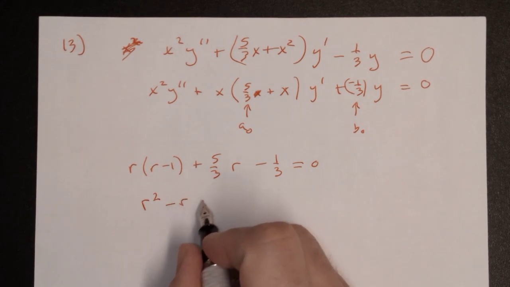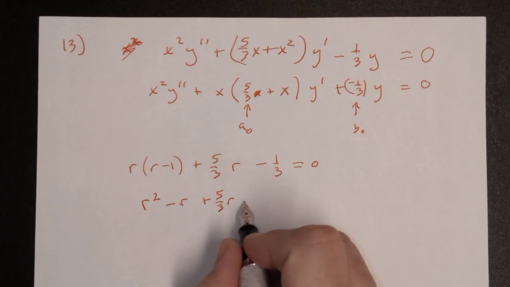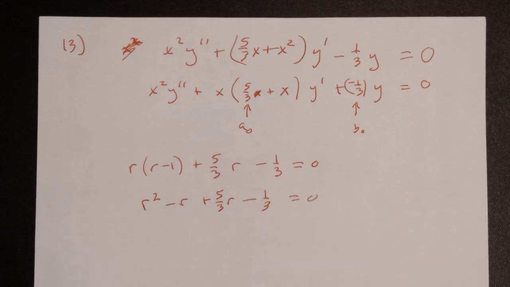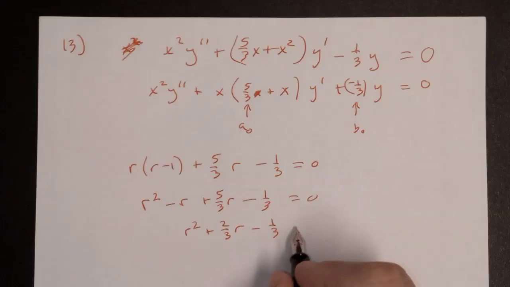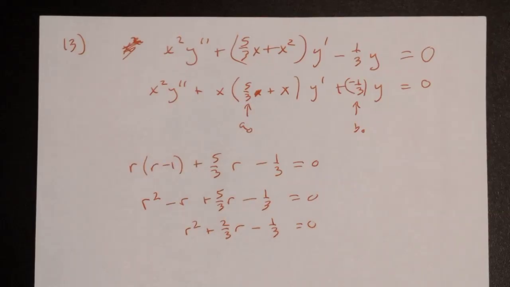R squared minus R plus 5/3 R minus 1/3 equals 0. That's going to be R squared plus 2/3 R minus 1/3 equals 0, which is (R plus 1)(R minus 1/3). There are my indices.